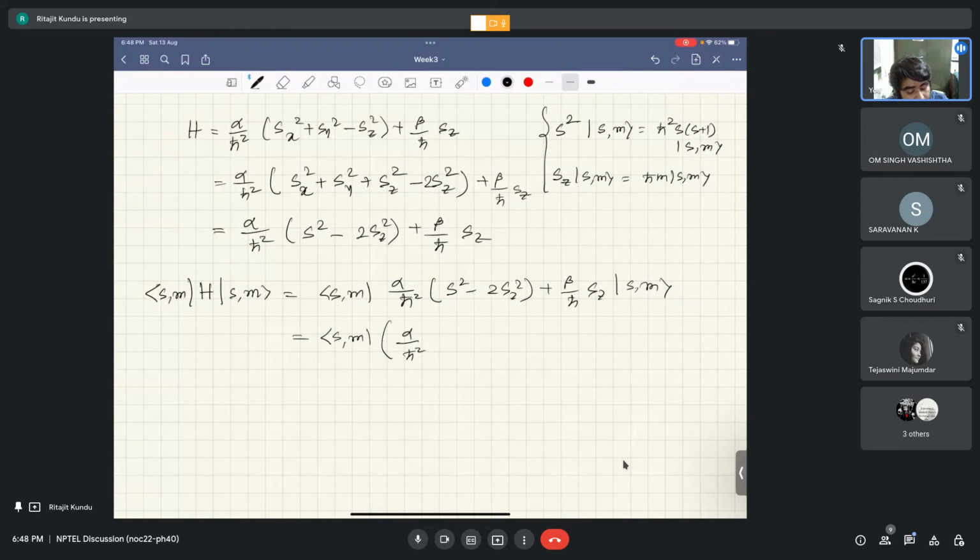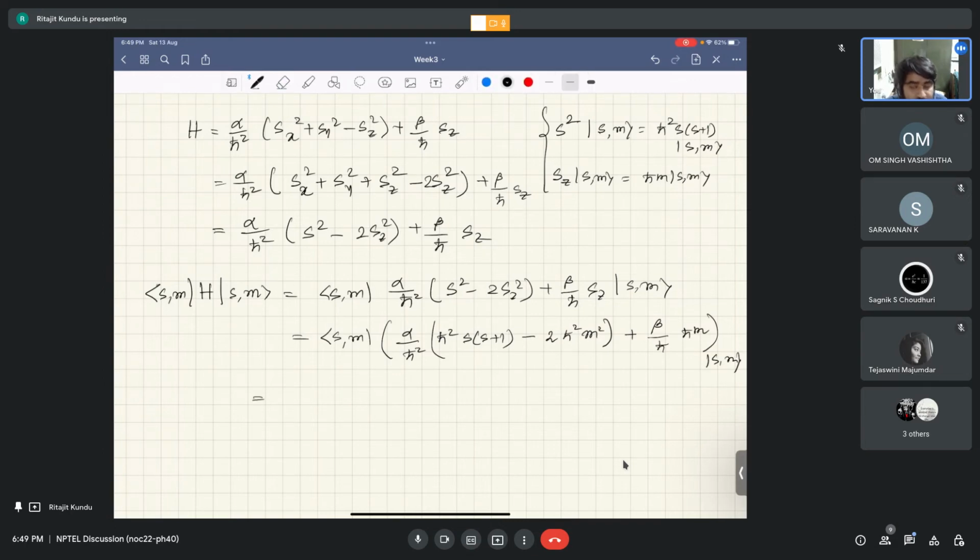S square's eigenvalue is h bar square s times s plus 1. Sz and Sz square will have the same kind of eigenvalue, so the Sz square eigenvalue will become 2 h bar square m square, and then it will become beta h bar and h bar m. So this is the whole operator, which I have reduced in terms of eigenvalues. Now let's simplify this a little bit.